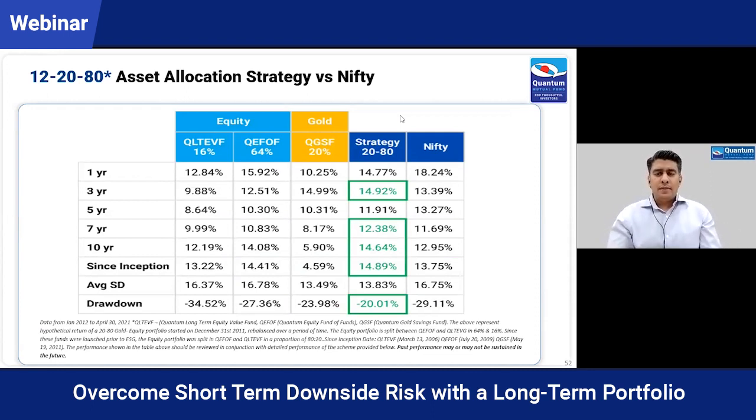Yeah, so multi-asset is a fund where we invest into equity, debt, and gold. There we dynamically allocate depending on the attractiveness of that asset class. The concept of that fund is very, very simple. Most people have huge amounts allocated to fixed deposits, which are a losing proposition for investors.